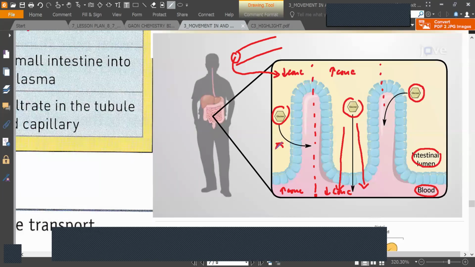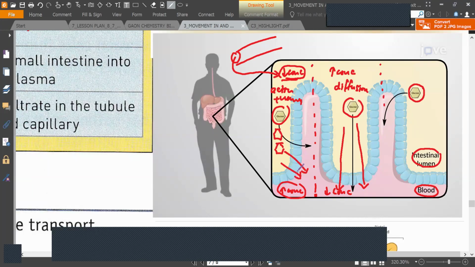Even if only a little bit of glucose is left outside, we don't want to waste it. Just now it was diffusion when the outside was high concentration, but now the inside is high and the outside is low, so we will use active transport to bring it in.